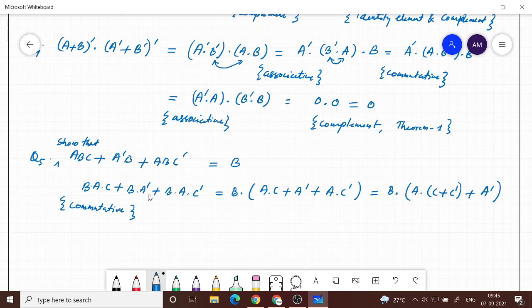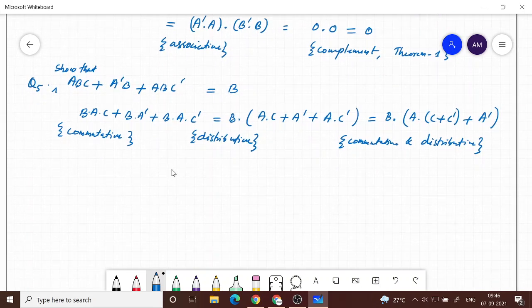So here I have used distributive, and then I used commutative also to interchange the last term to the second term, and then I have used distributive. Okay, so now you can see the result coming. So that is B dot A dot 1 plus A bar.